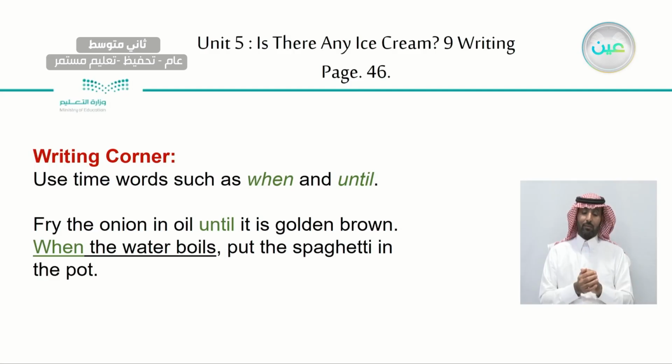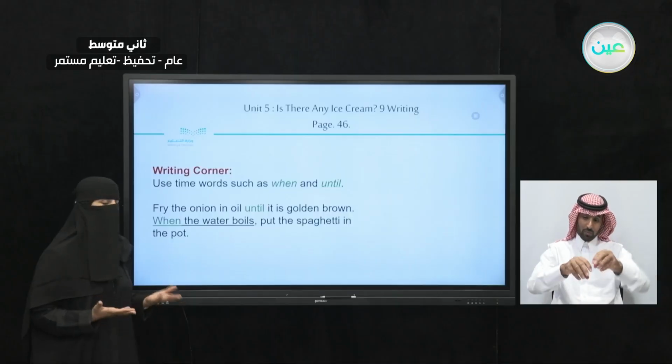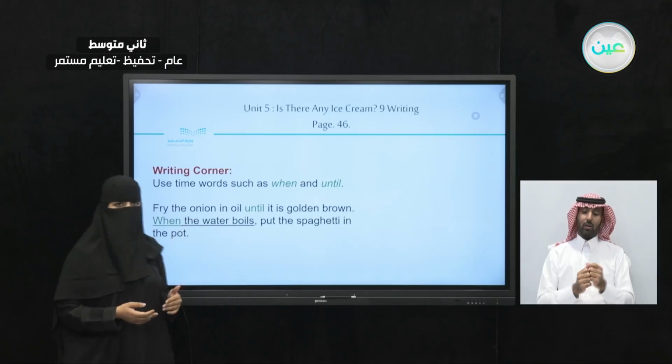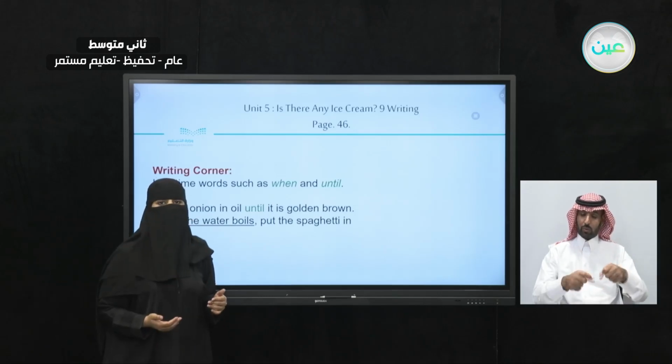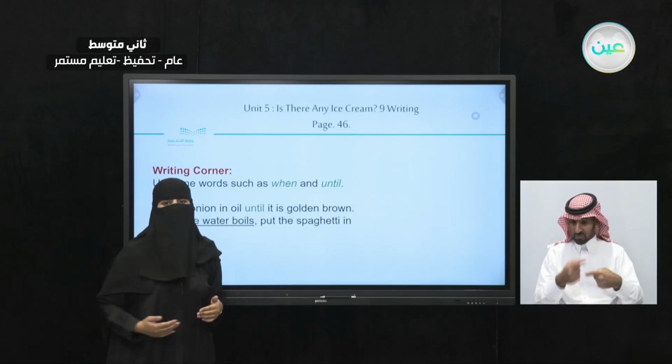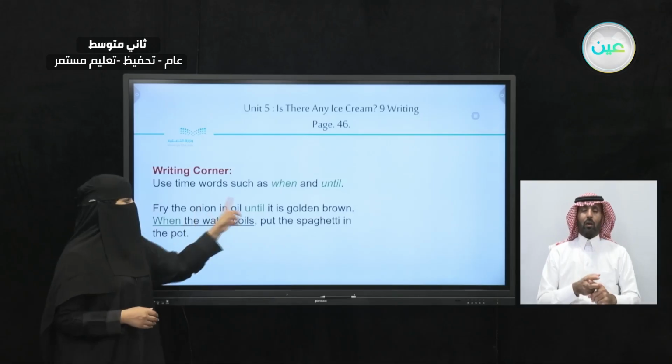Now, how about this example? When the water boils, it's a condition. Then you can do the next step. When the water boils, put the spaghetti in the pot. So there's a condition here. When the water boils, you can go further with your recipe. You can go to the next step. So here we have until.